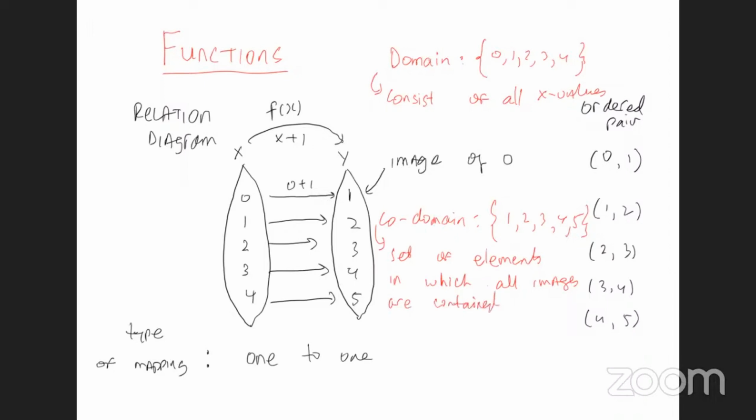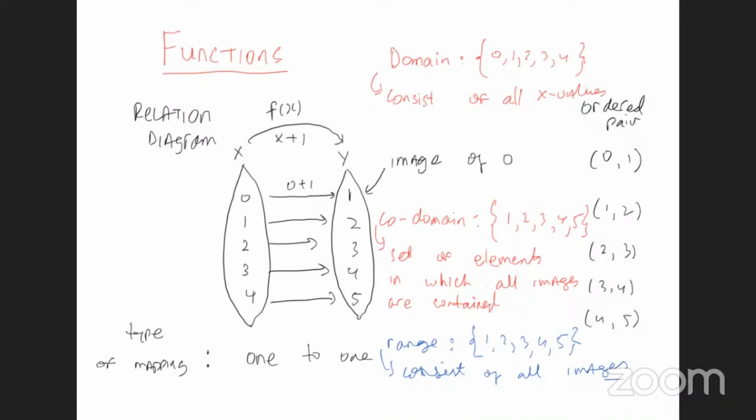And last one, I'll put this one in a different color because it's the one that we tend to mix up. What's the range? In this case, the range is the same, and it consists of all the images.